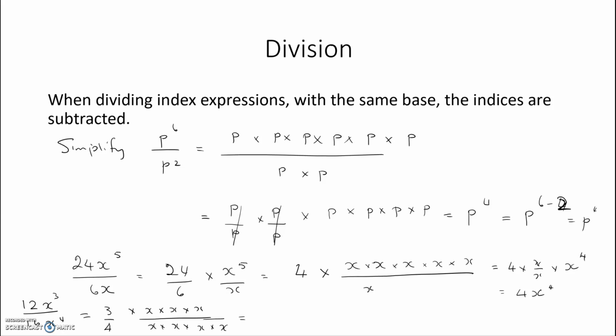And we could rewrite that as 3 over 4 times x over x times x over x, times 1 over x, so they're all 1, and we're left with 3 times 1 over 4 times x, which is 3 over 4x.